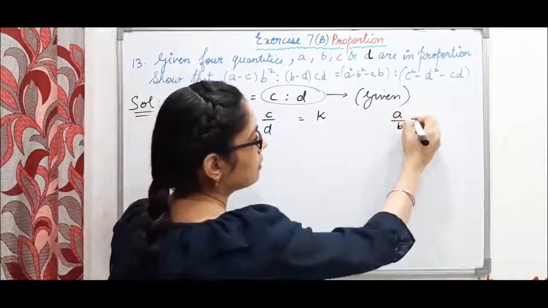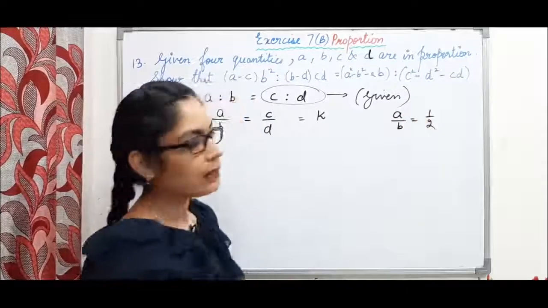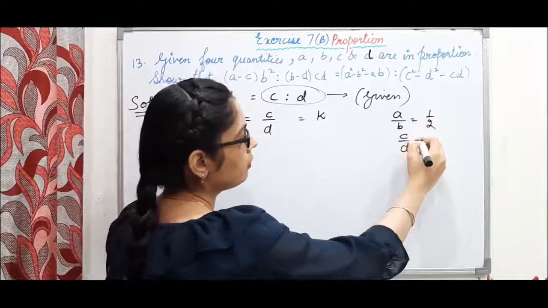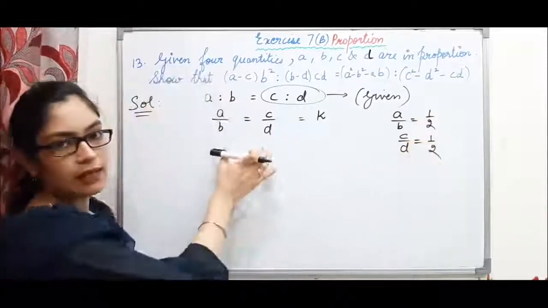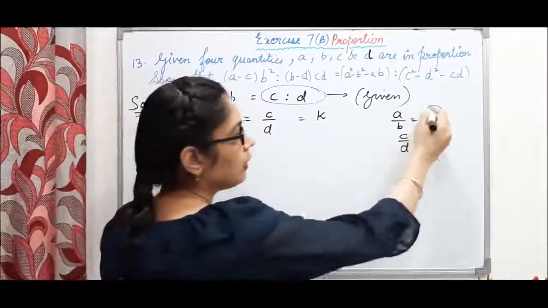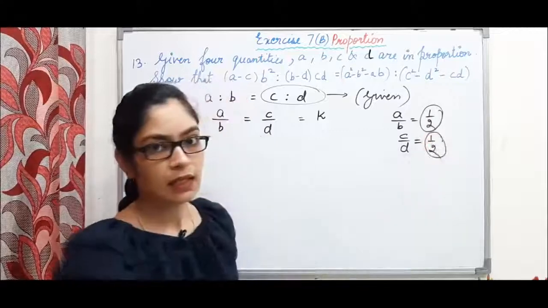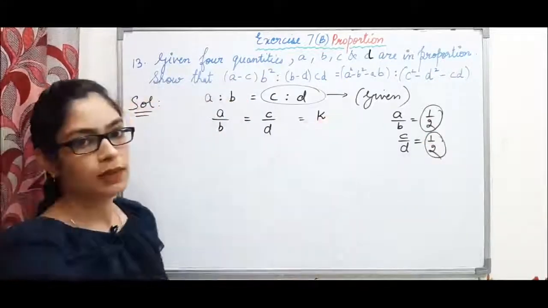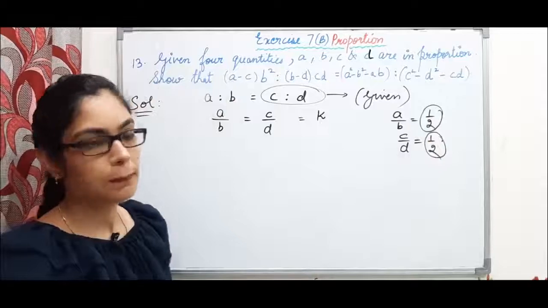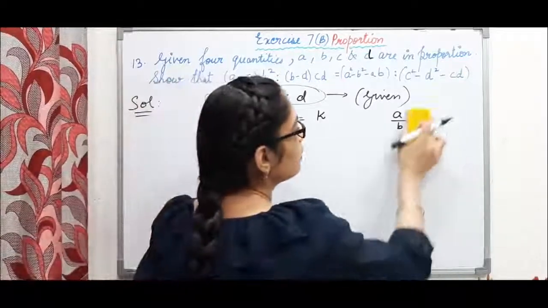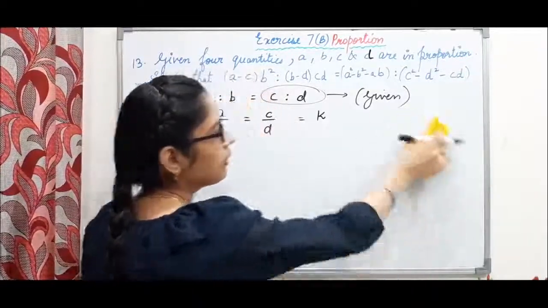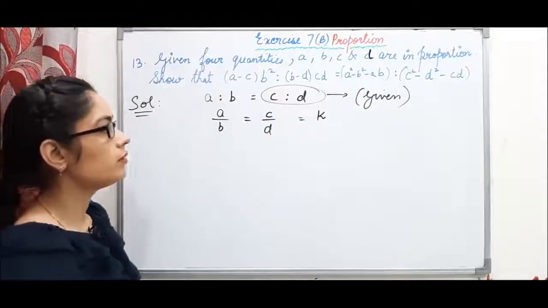If A by B is 1 by 2, for example, then C by D will also be 1 by 2. We don't know which number it is, so we just assume it as K. You can assume X also, anything.